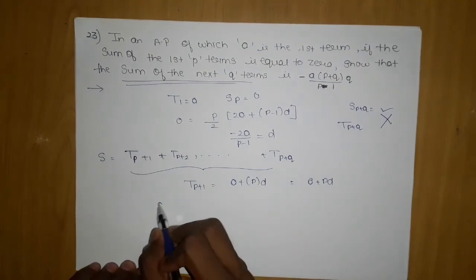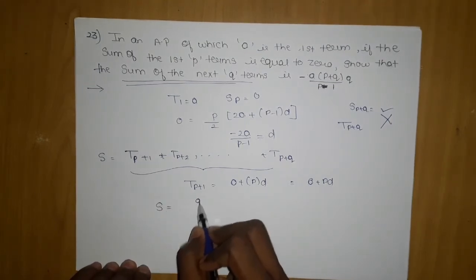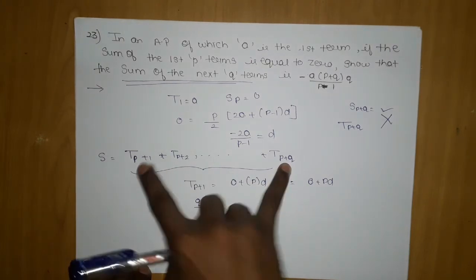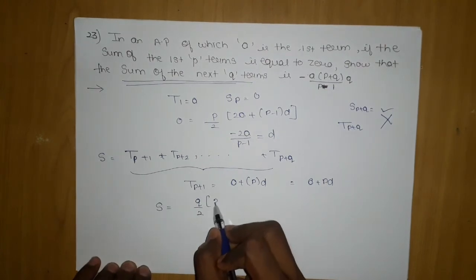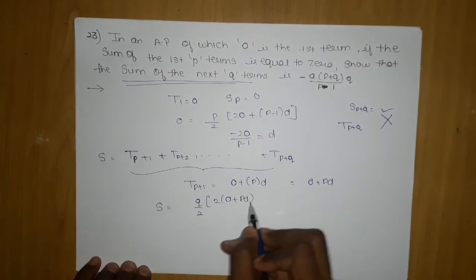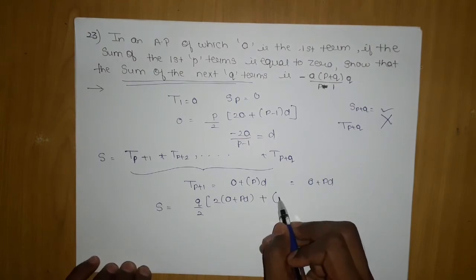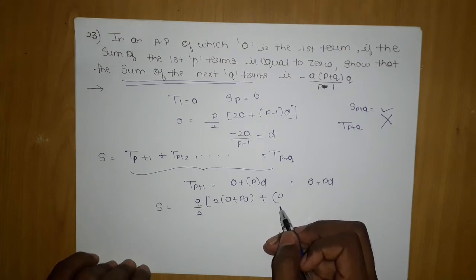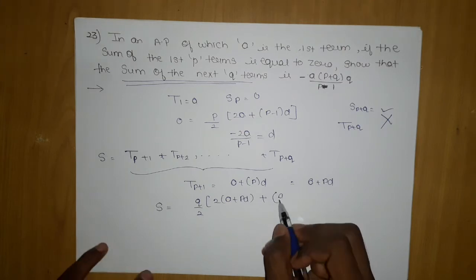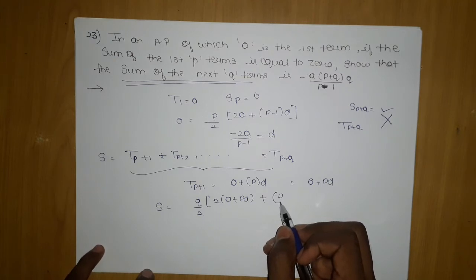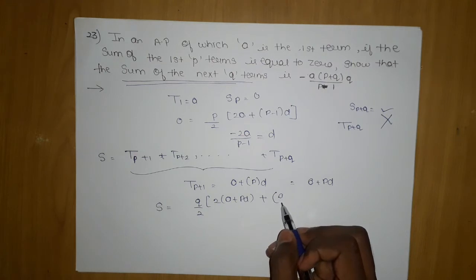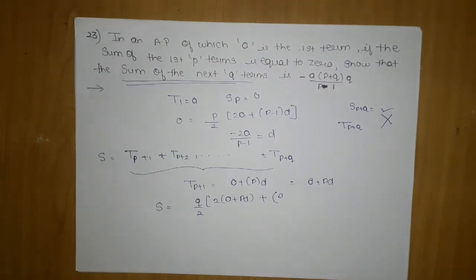Now we will apply the sum formula. It is total Q terms, after P it is still only Q terms, so Q by 2 bracket 2 into A plus PD plus N minus 1 into D. Now we want to get N. We already have Q terms.